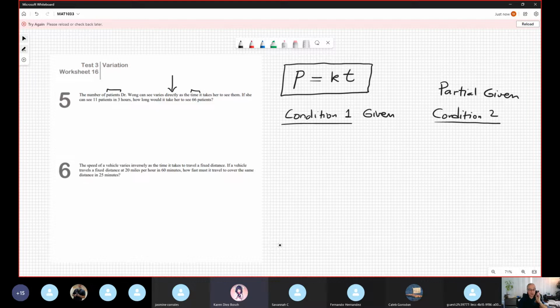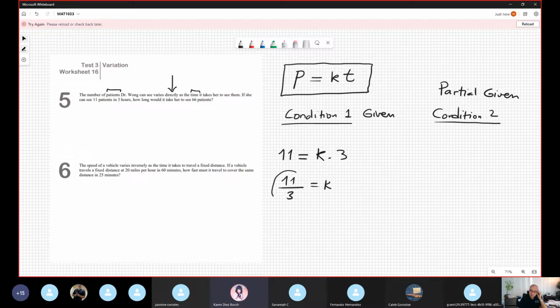There are many ways to do this. One way, classical, is you plug it in this formula. P is 11 patients, and the time is 3 hours. And you find the constant K, 11 over 3. It's okay.